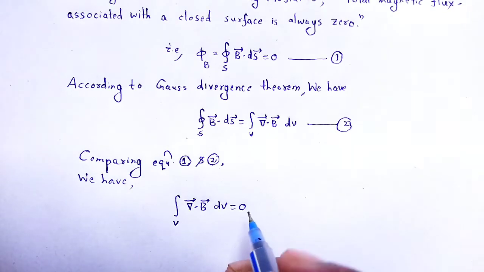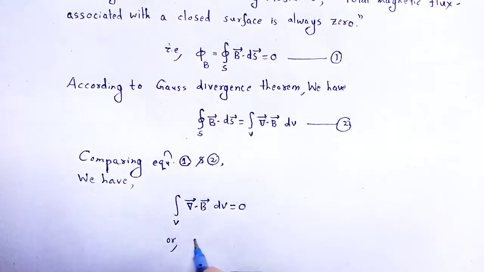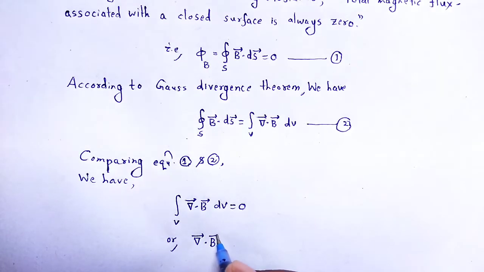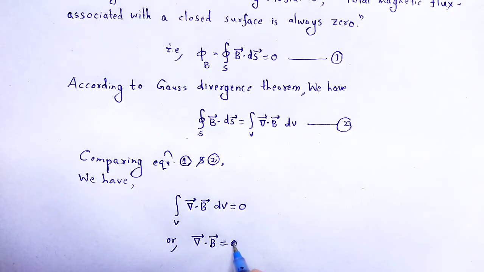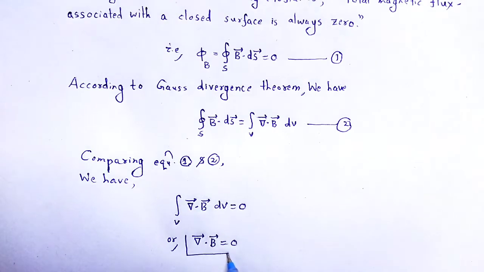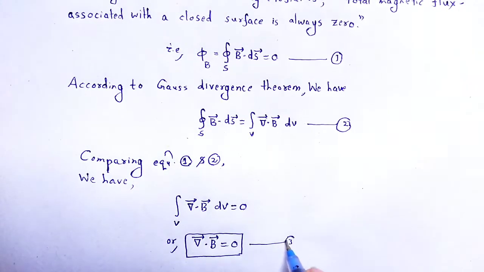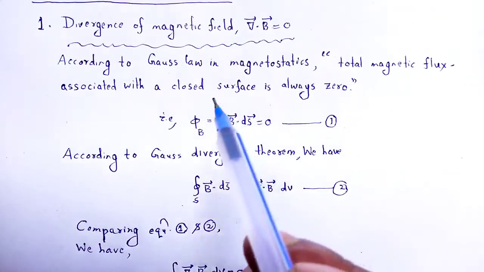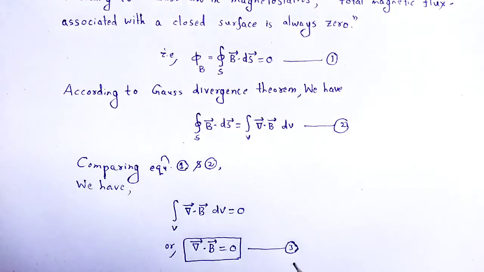That integral is equal to 0. That indicates the divergence of that vector field will be 0. Grad dot B is equal to 0. So the divergence of magnetic field will be 0.